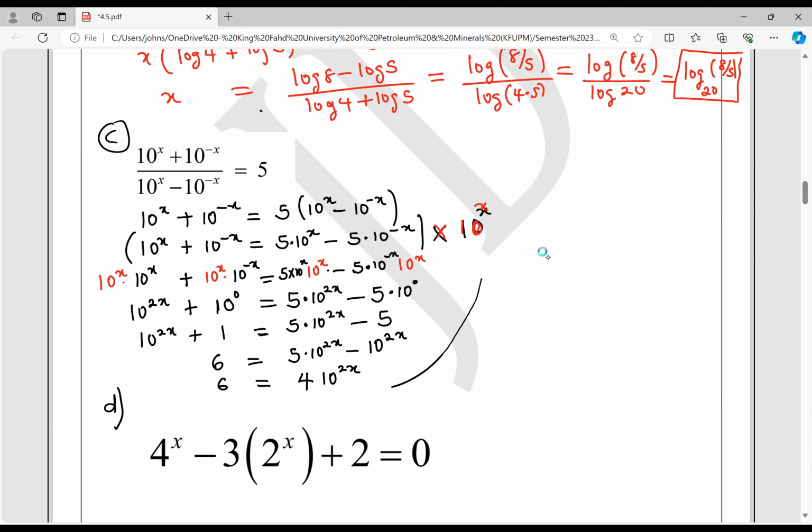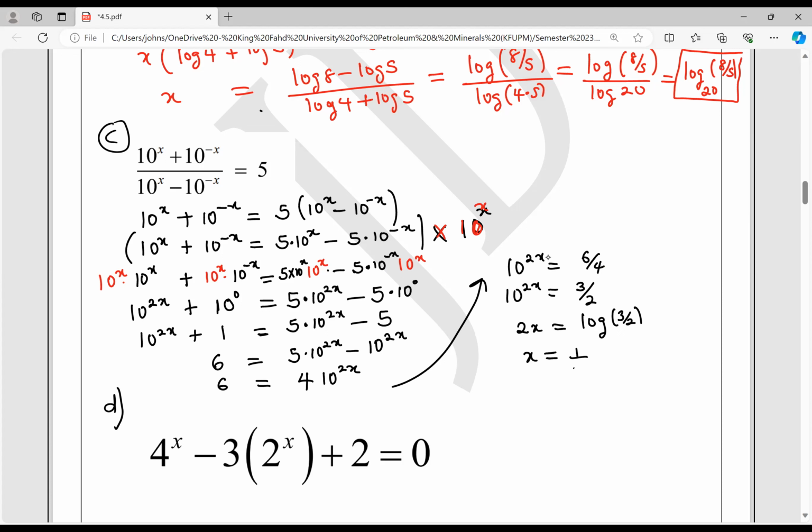So let's continue here. Now, what is 10^(2x)? It is just going to be 6 divided by 4. So 10^(2x) is 3 over 2. And now we can take log 10 of both sides. If you take log 10 of both sides, you will see that 2x is just log of 3 over 2, because I've taken base 10. So it means x is what?